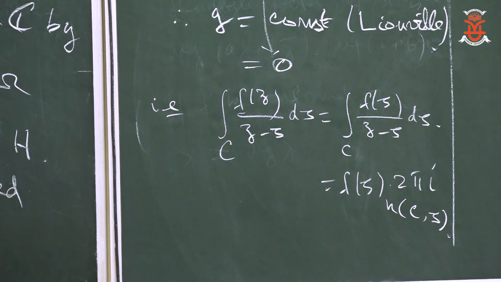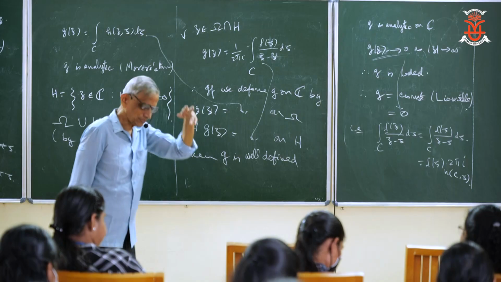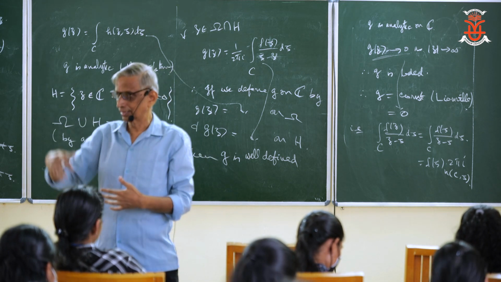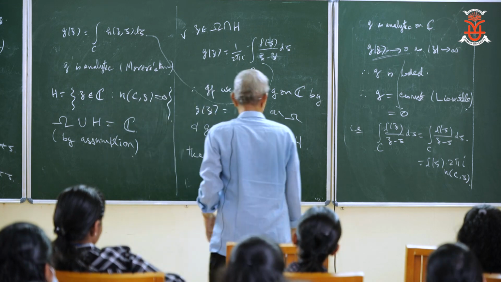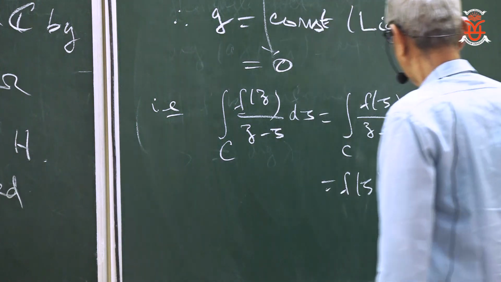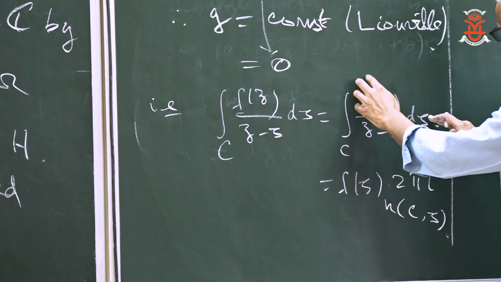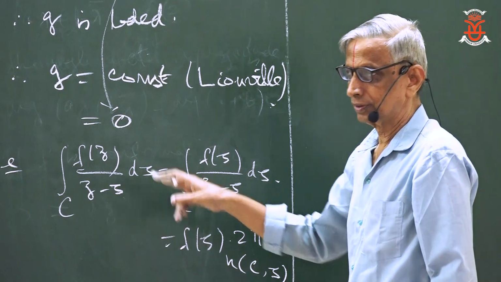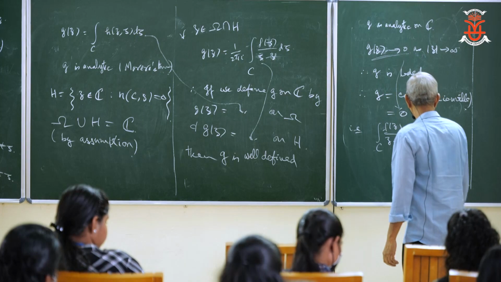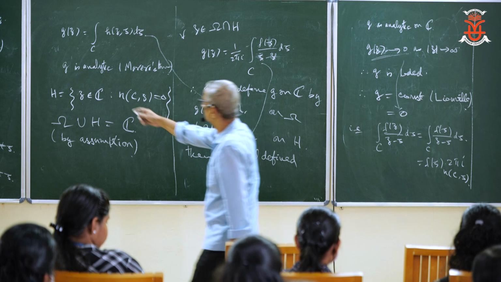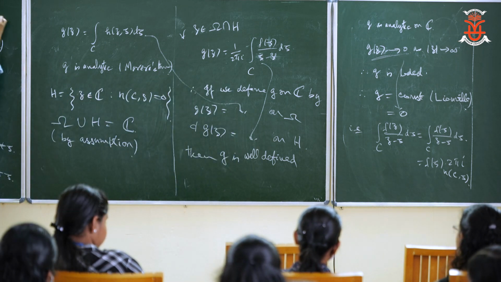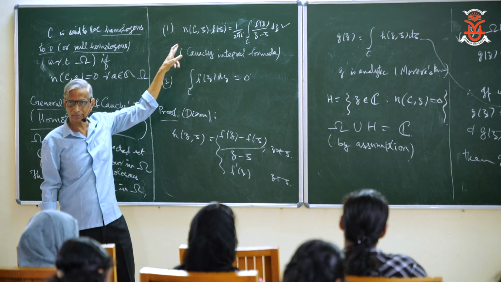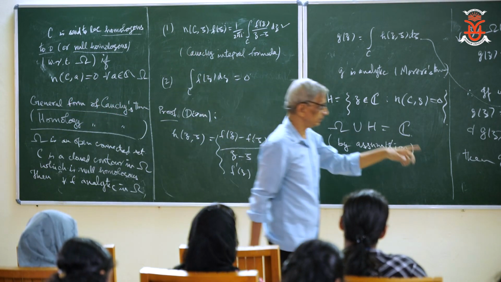That's how the index was defined as 1 over 2 pi I times the integral of dz over z minus zeta. If you take this out, dz over z minus zeta, so there is the index of it. So that gives you this 1 over 2 pi I equal to f zeta times the index. That's what you have here.